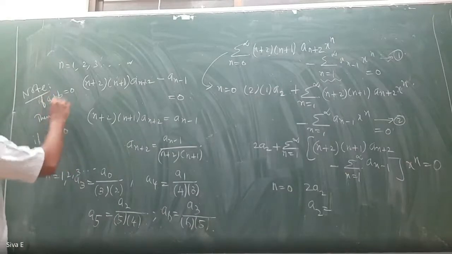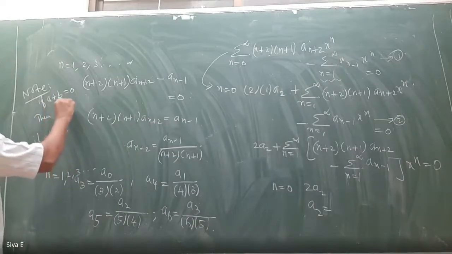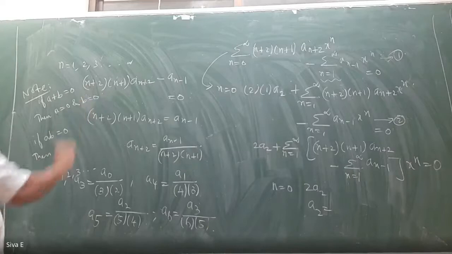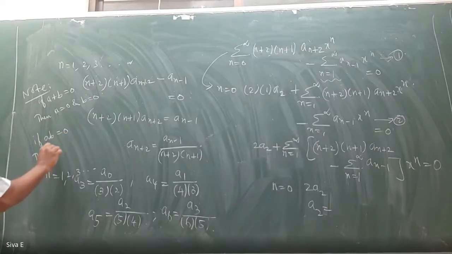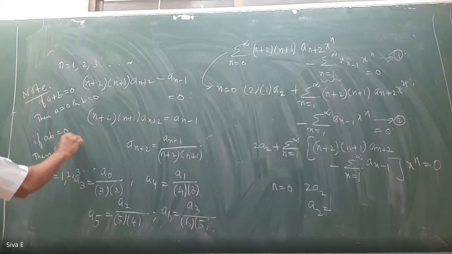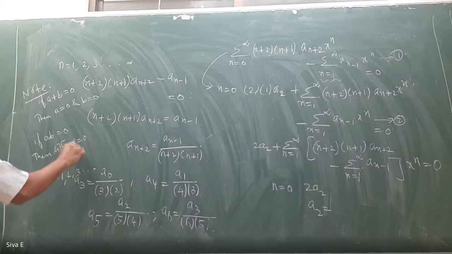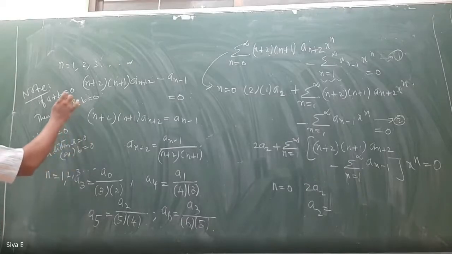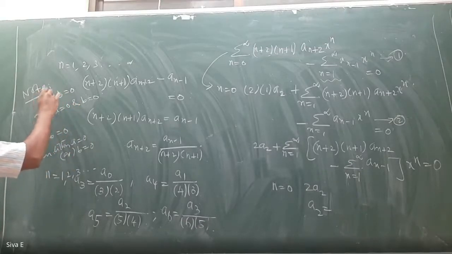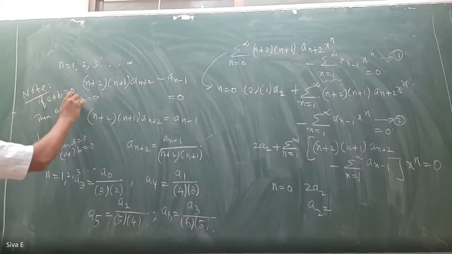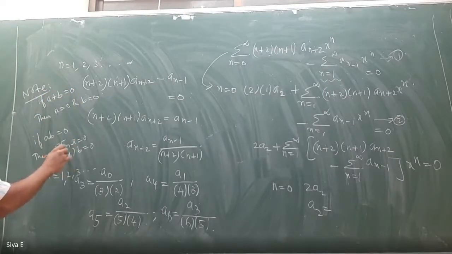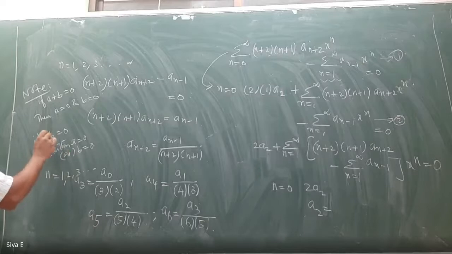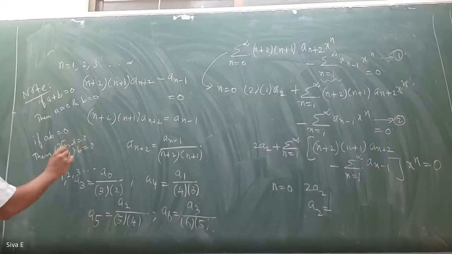If a plus b equal to 0, then a equal to 0 and b equal to 0. If ab equal to 0, then either a equal to 0 or b equal to 0. So here we are using that or.